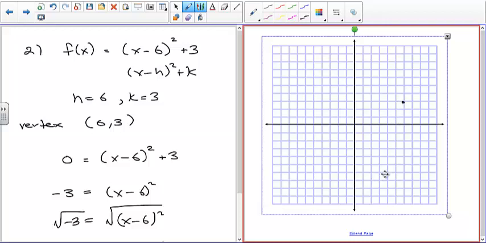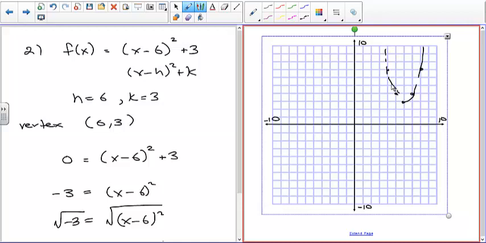There's my vertex. And I'm going to use a scale that's symmetric here, and it's just 1 unit on the grid is 1 unit. So I would go over 1 up 1, over 1 up 1, over 2 up 4, 1, 2, 3, 4, over 2 up 4. There we go. And now I could just sketch it in there.